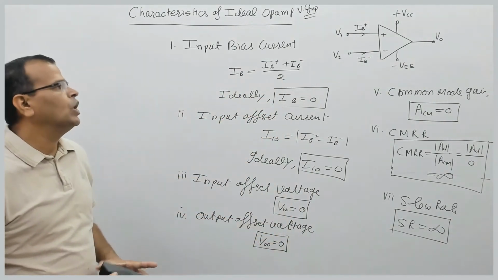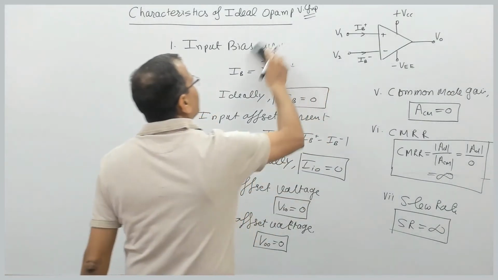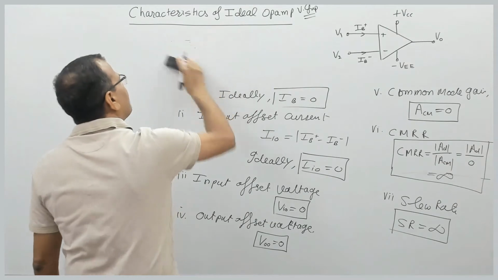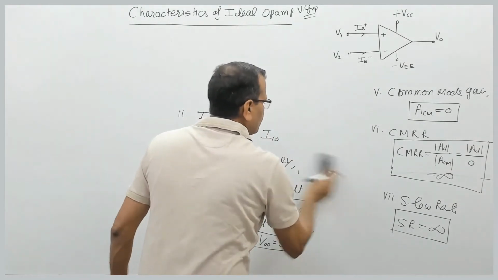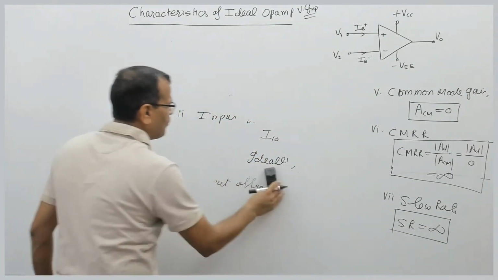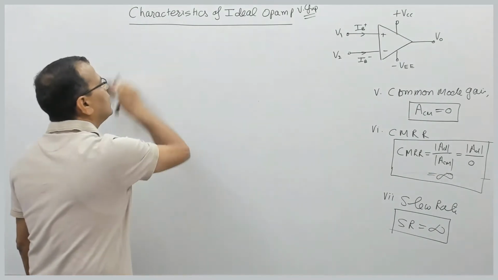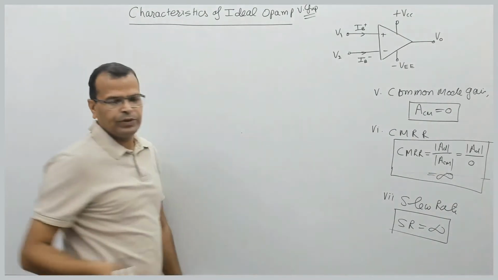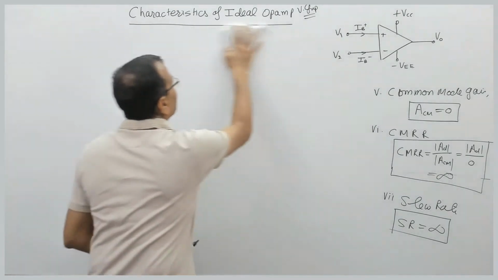There can be questions based on any of these characteristics, and in fact there are a lot of questions based on the characteristics of an ideal op-amp in different competitive exams, including the GATE exam and the engineering services prelims exam.